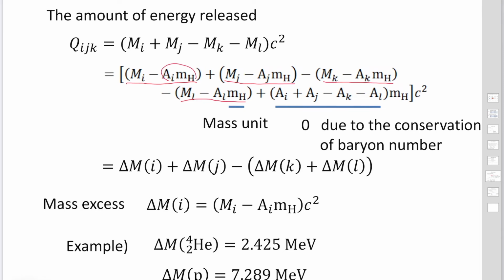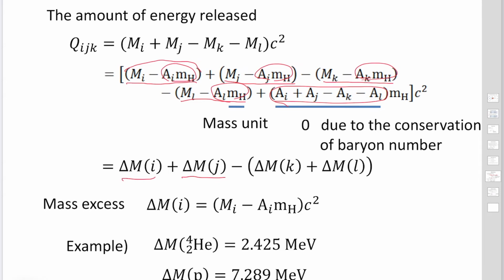By subtracting these quantities, you have to add these quantities here. Actually, the mass number is conserved. Each term, M sub i minus A sub i M sub h, is going to be delta M sub i. This is using the mass excess. So this is delta M sub i plus delta M sub j minus delta M sub k minus delta M sub l.